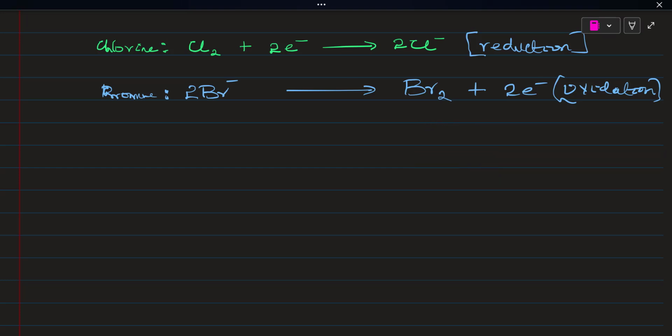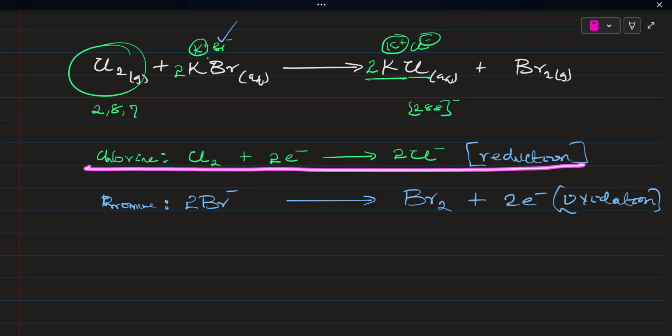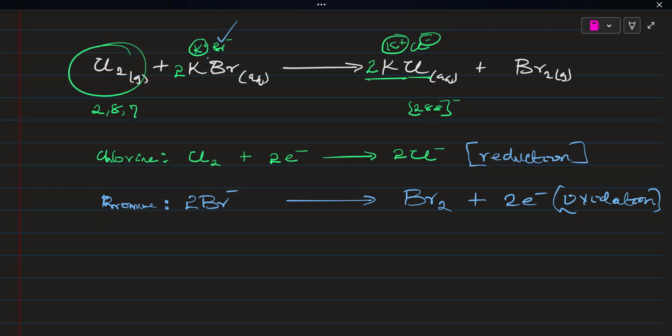Now these 2 equations, we can combine them together. What we write here, remember, this is chlorine half equation and this is bromine half equation. We can combine these 2 equations to give us an ionic equation.